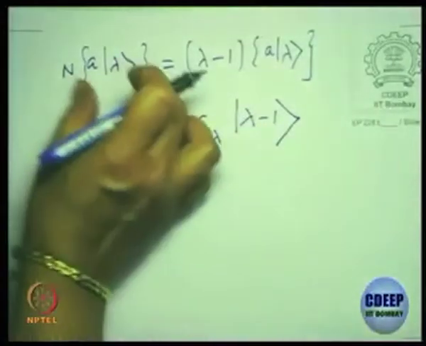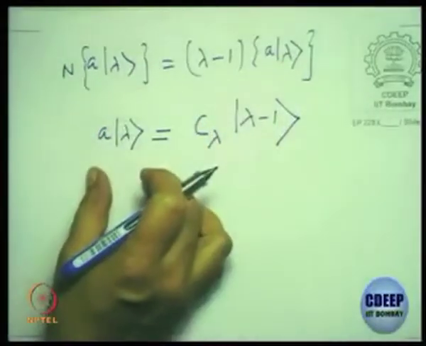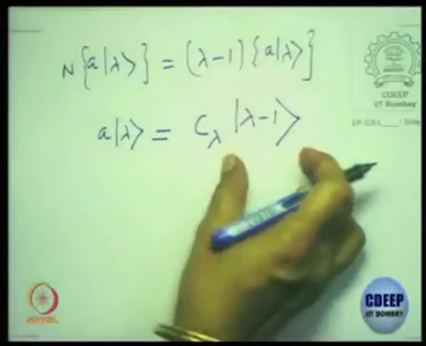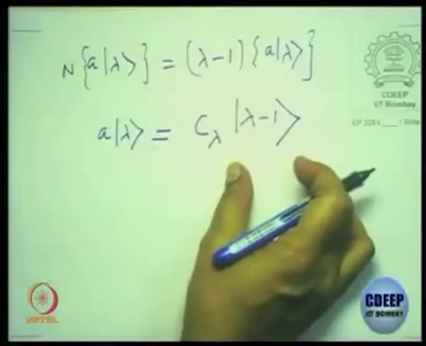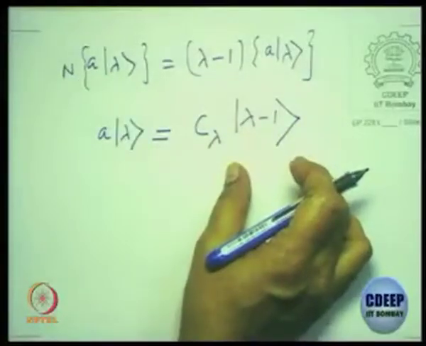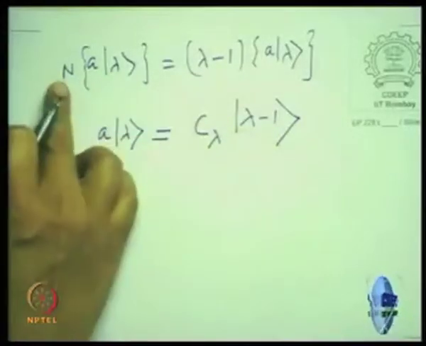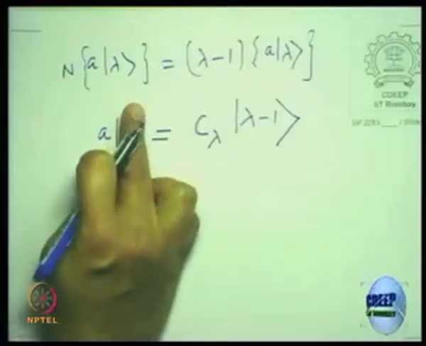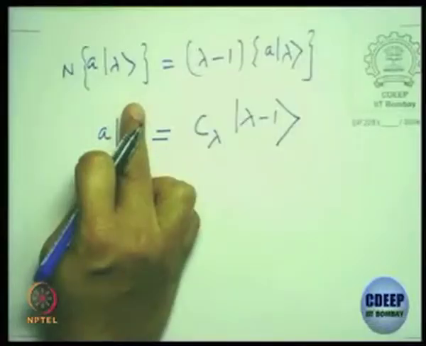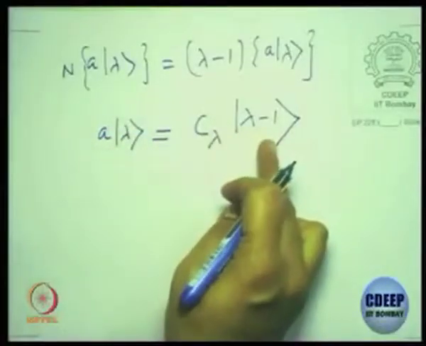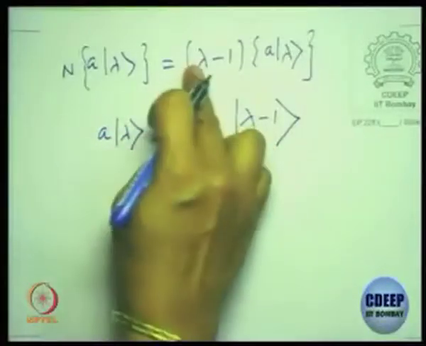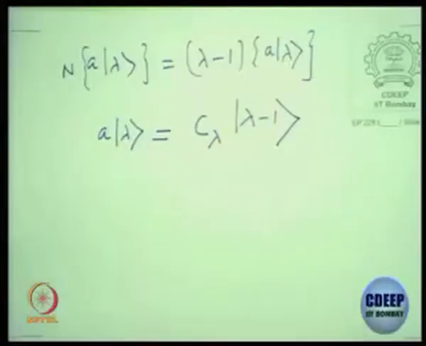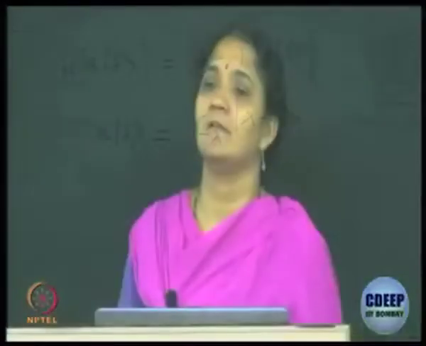If I write A of lambda to reduce the state to lambda minus 1, then the number operator on that state will pull out the eigenvalue lambda minus 1. You all agree?